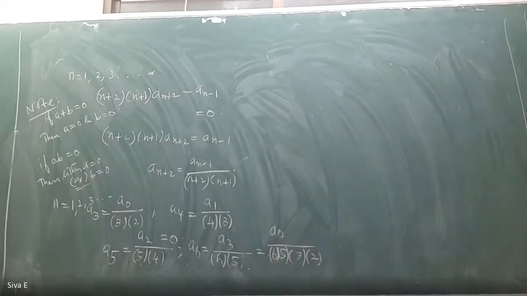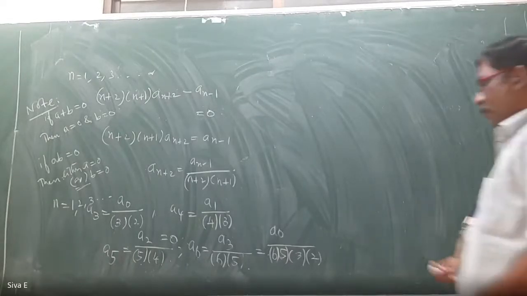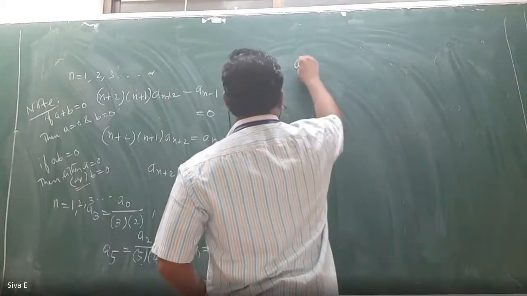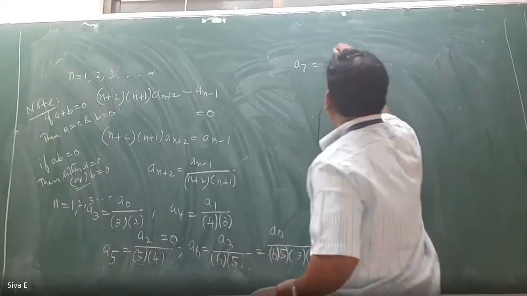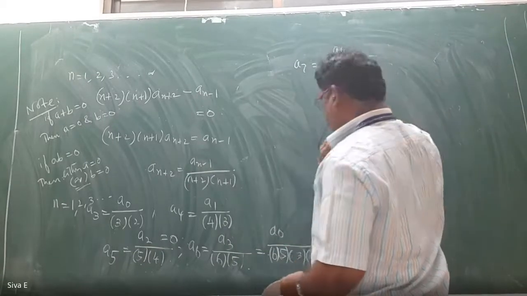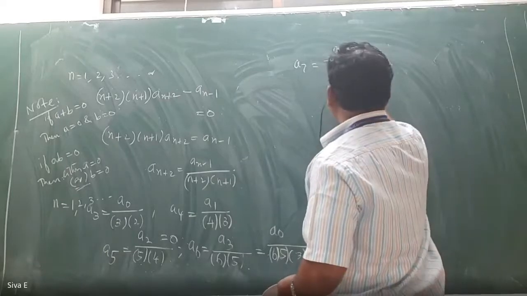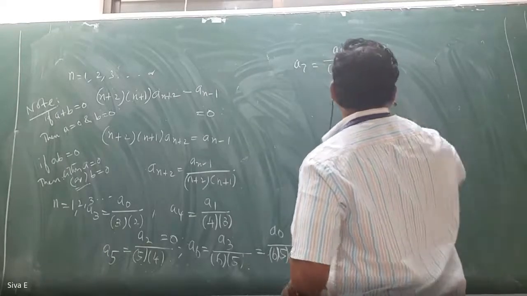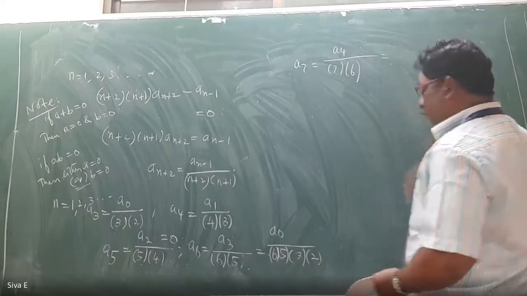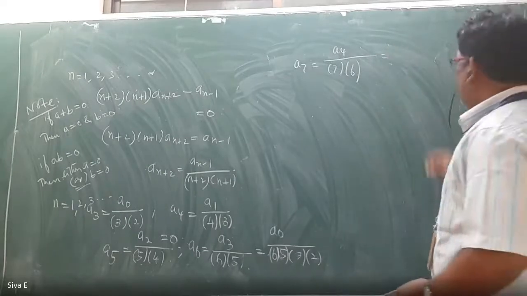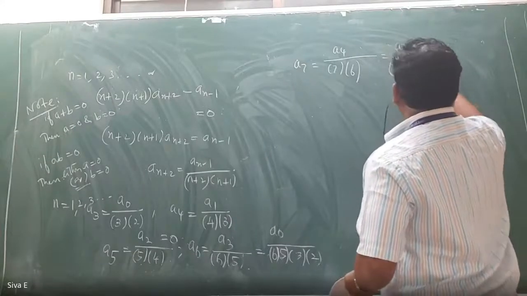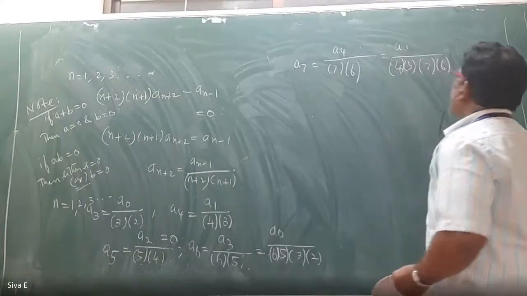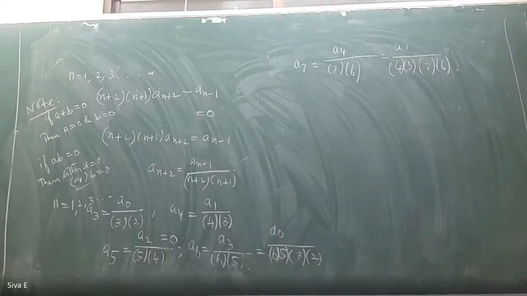a7. a7 is a4 by 7 into 6. But a4 is a1 by 4 into 3, so a7 is a1 by 4 into 3, 7 into 6, and continue so on.